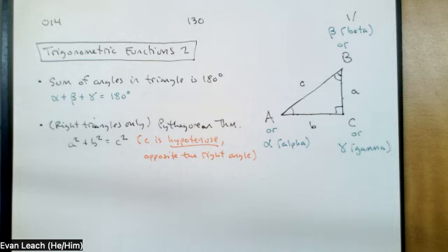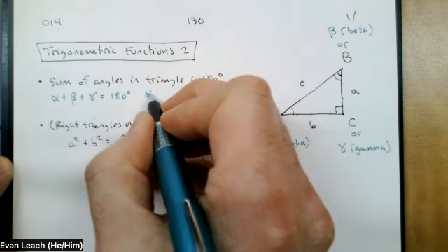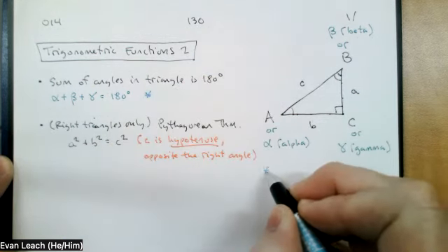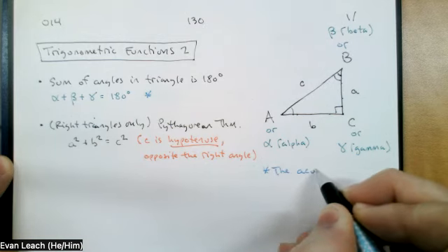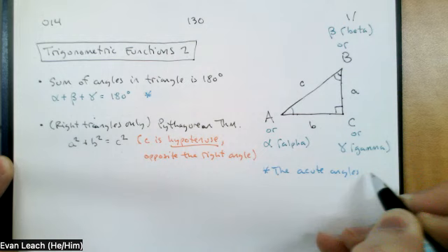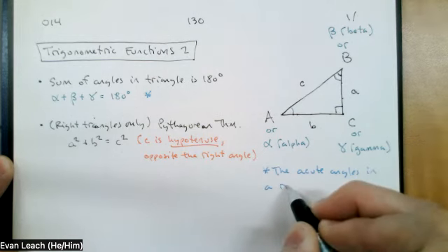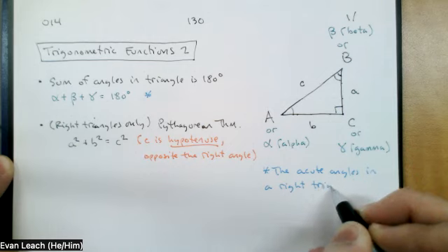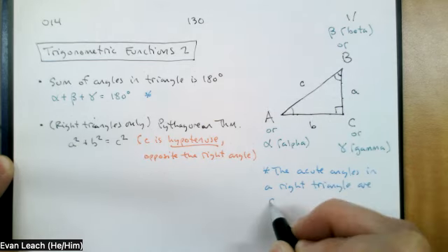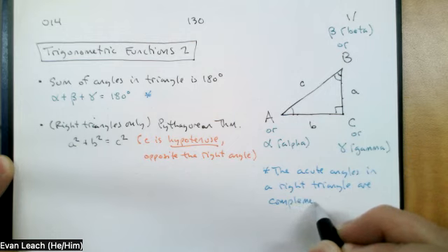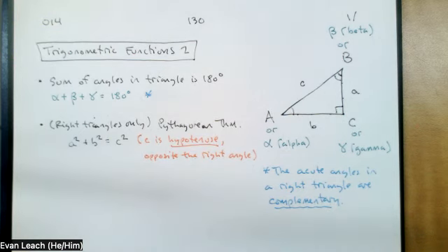The acute angles in a right triangle will be complementary. The acute angles in a right triangle are complementary.